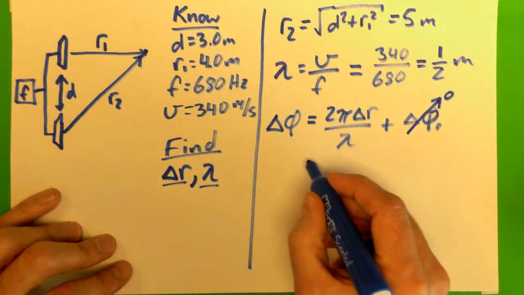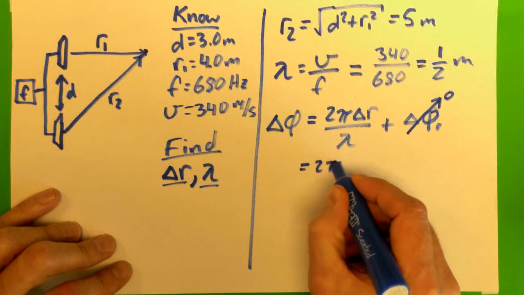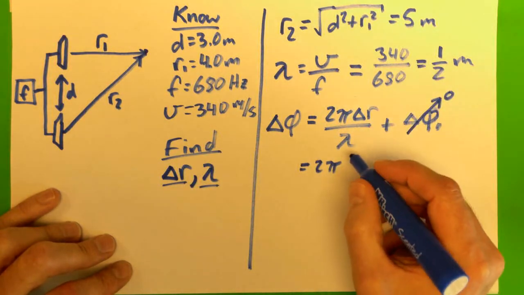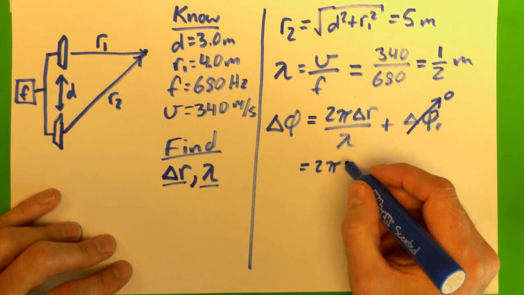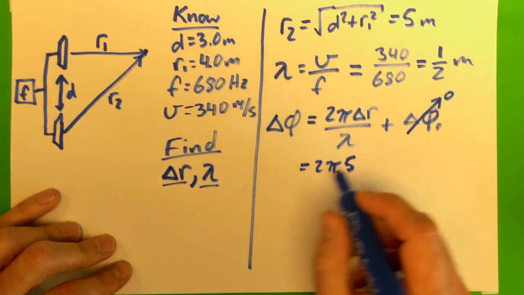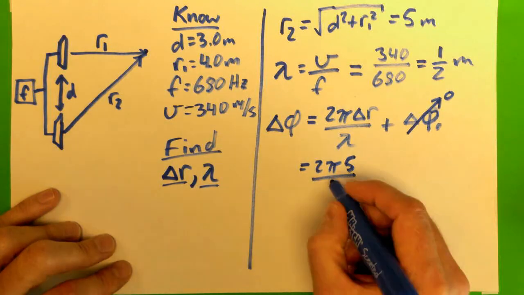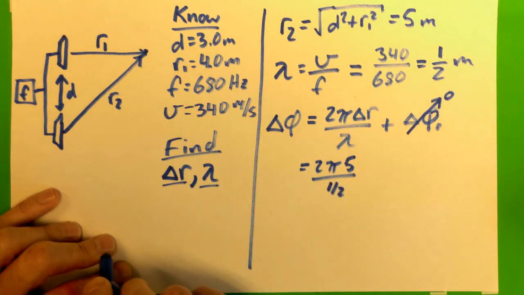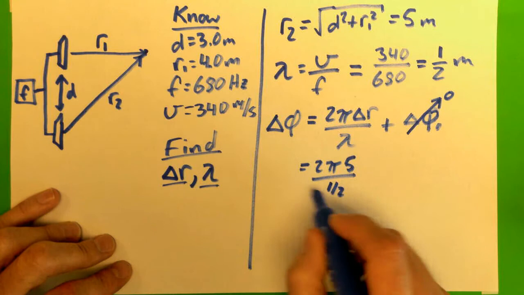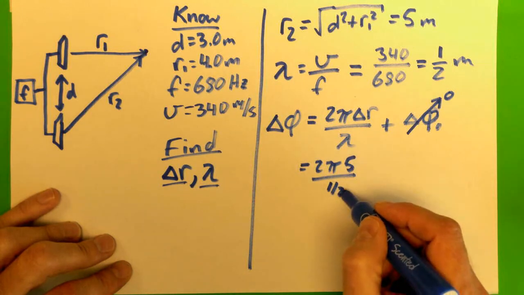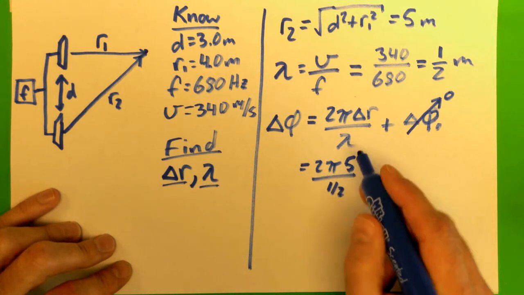And so I'm left with 2 pi times my delta R, which is 5 meters, over my wavelength, which is 1/2 a meter, which gives me a total radian value of, if I multiply that 2 up, 4 times 5 is 20 pi.